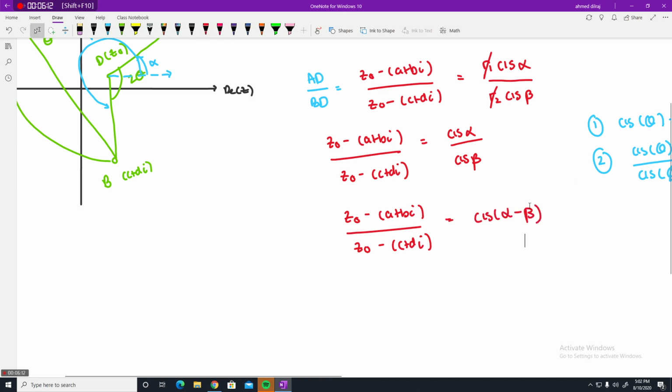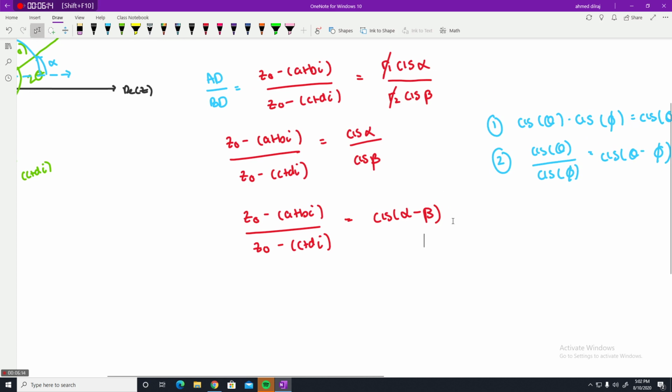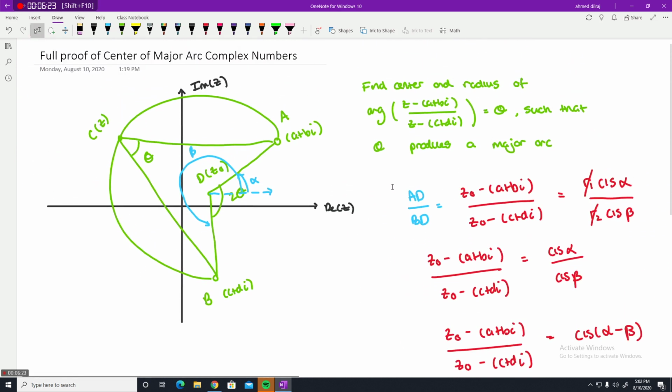So we found alpha minus beta, but what is alpha minus beta? The next step of this problem is to find some actual meaning behind alpha minus beta. So let's have a look. Alpha is this angle, and this is beta.